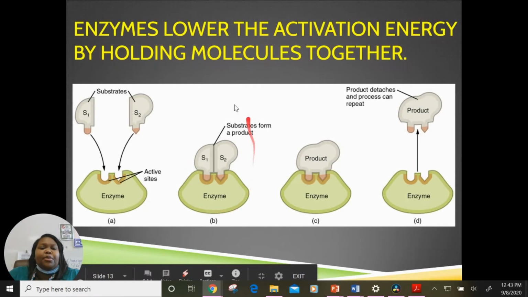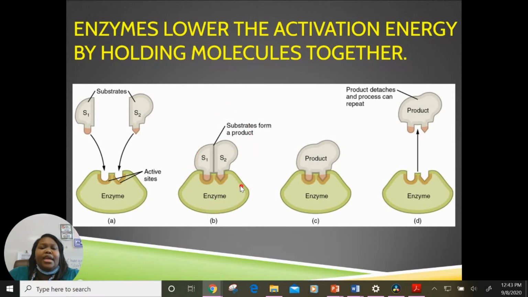That's one of your vocab words. At some point, these substrates are going to turn into a product. And then the enzyme will detach from the product. Notice that the active site is still the same as the active site was at the beginning. So my enzyme is ready to go and catalyze another reaction because it was unchanged.